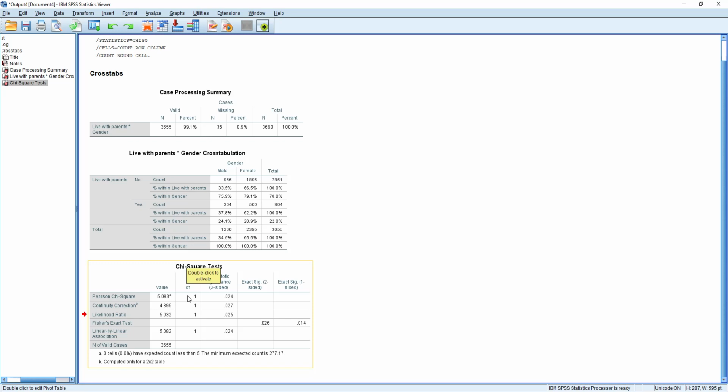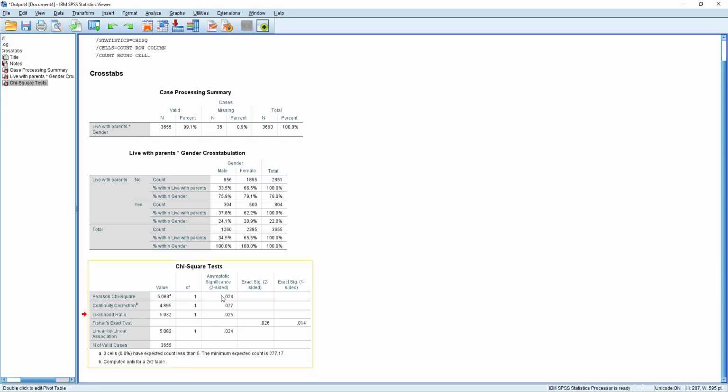The DF stands for the degrees of freedom, which needs to be taken into account when we're looking at whether the chi-squared value that has been calculated is significant. But as SPSS does this for you, you don't have to worry about the degrees of freedom. SPSS is basically giving you all of the information that you actually need.